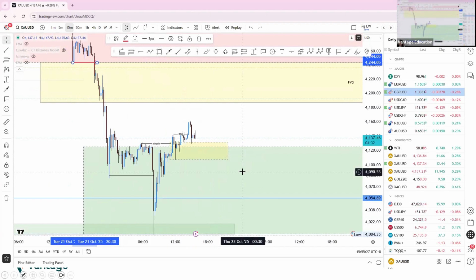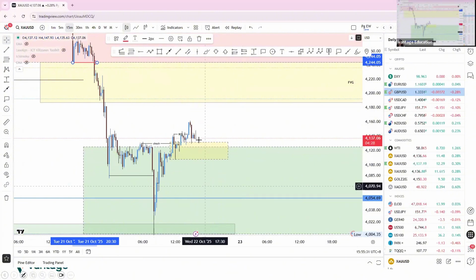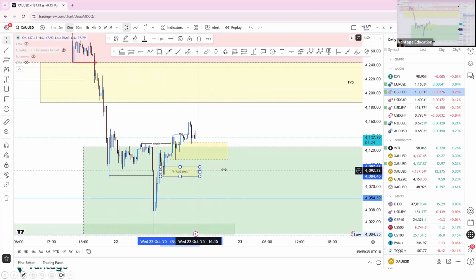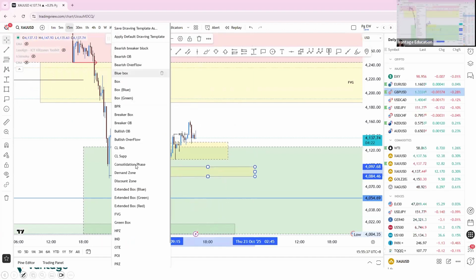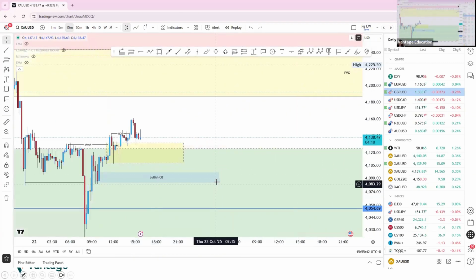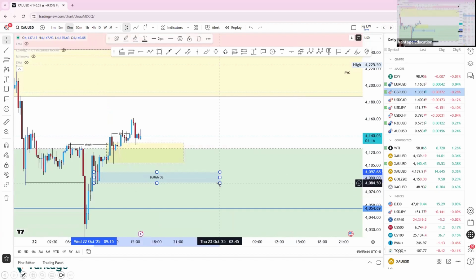So now we're gonna see whether price is gonna pull back here, or another buy entry that I think we can consider would be here. It hasn't taken the bullish OB here. Bullish OB here. It's still fresh.